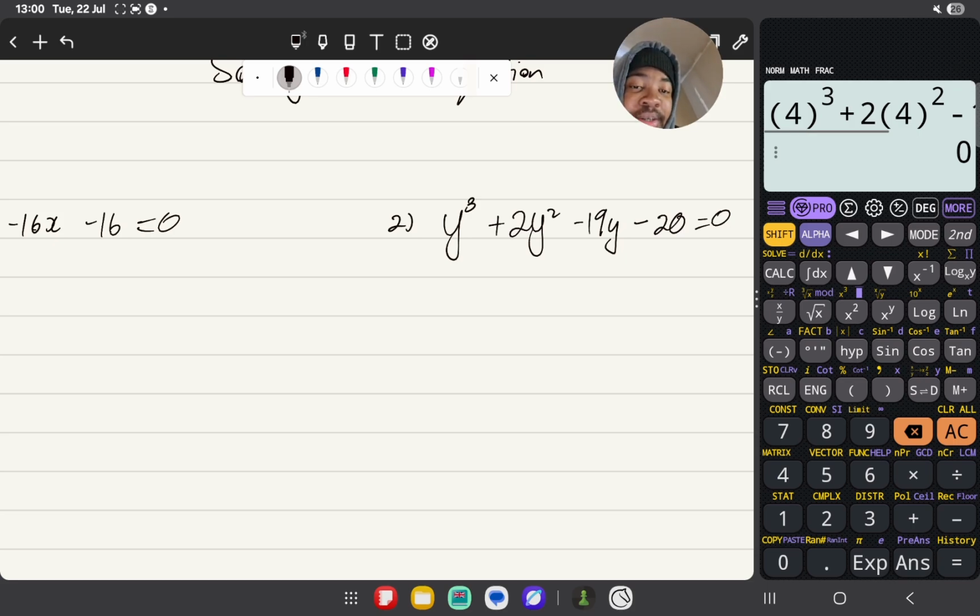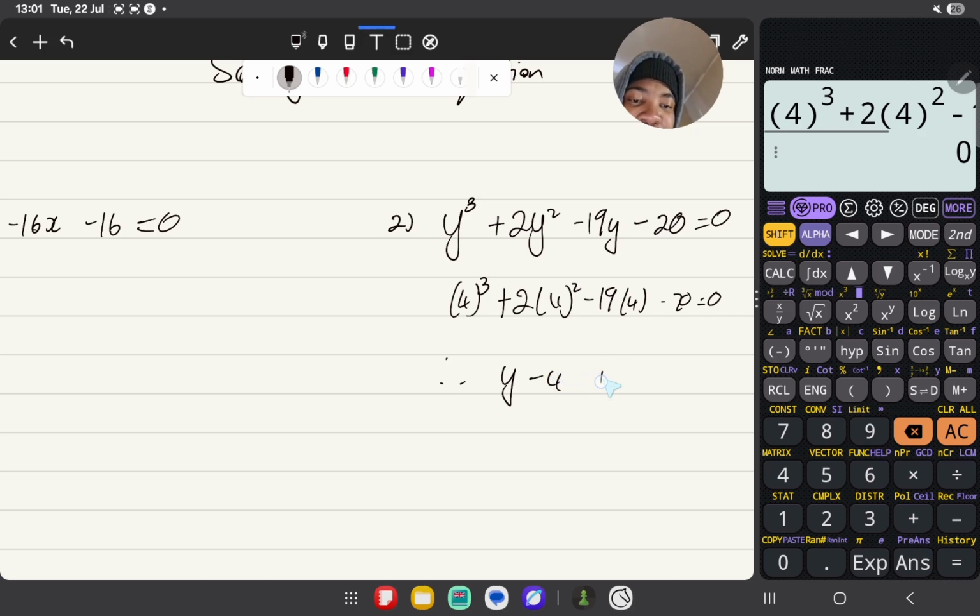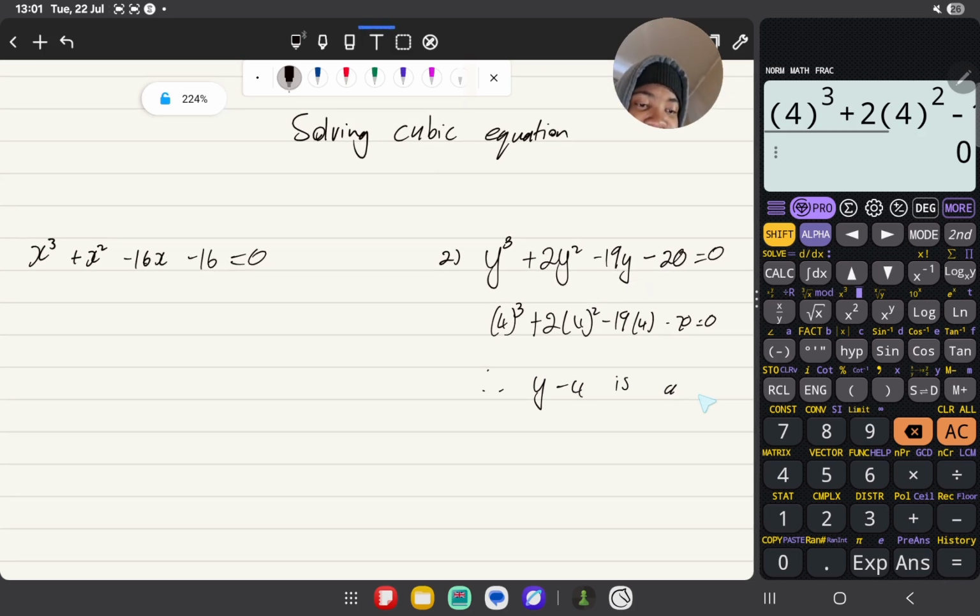Therefore y minus 4 is a factor. Right, so here then you start dividing. It's your long division now.